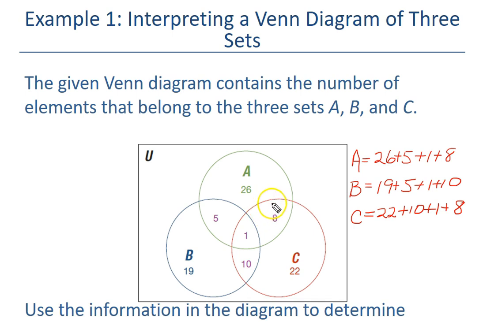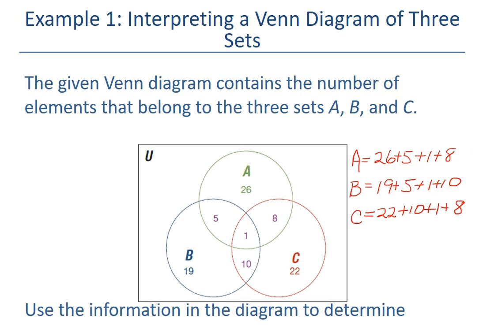So all of those that are an intersection could only be counted once. And then you would count the 19, the 26, and the 22. So again, careful analysis of what's there, depending on the question they're going to ask you.